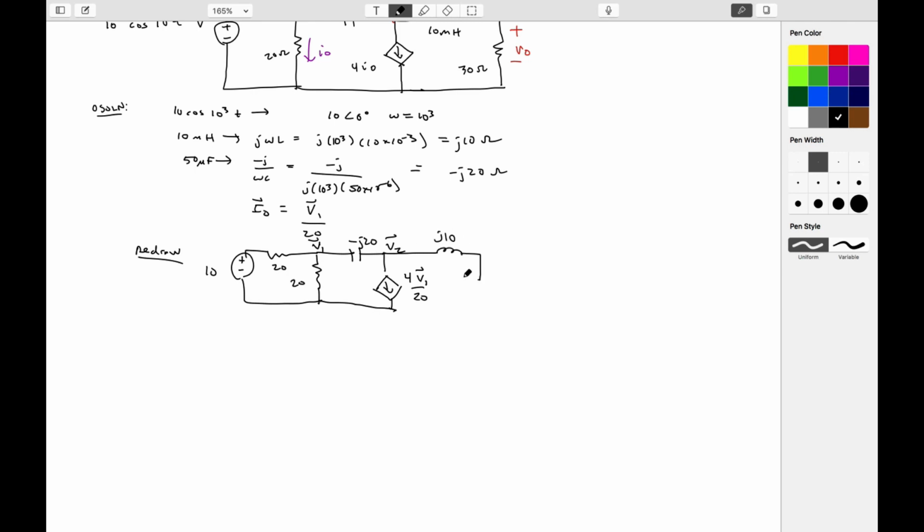Then j10, and a 30 here, where what I'm looking for is V naught there.